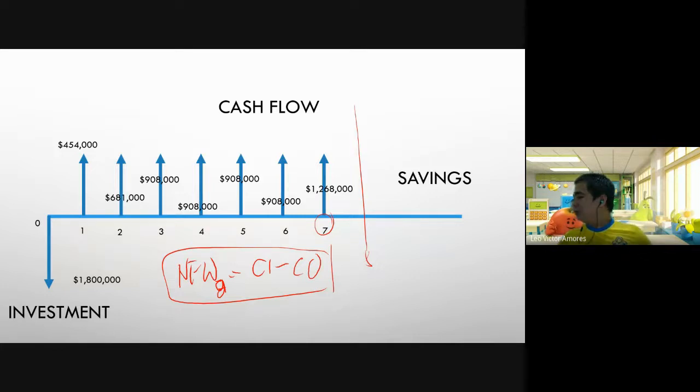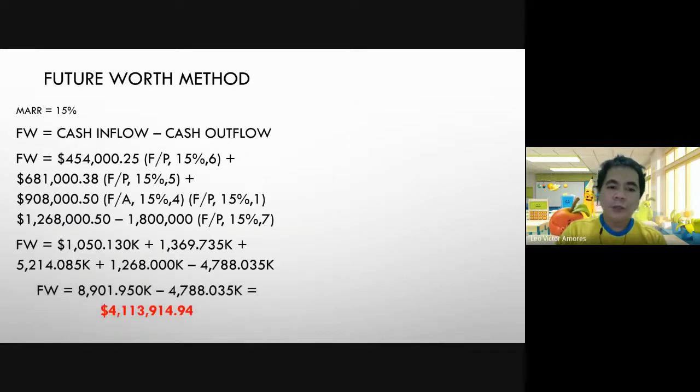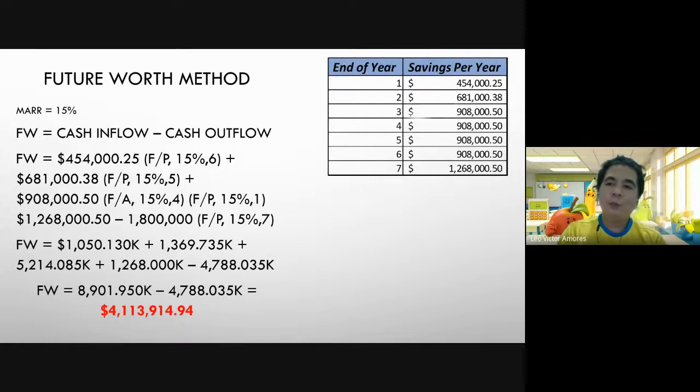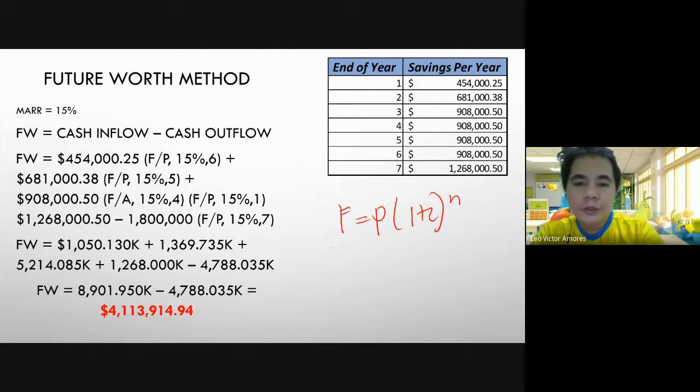Yes, sir. Okay. So when it comes to computations, it basically has the same computation, but you use F equals P(1 + i)^n. Your F is your future worth.